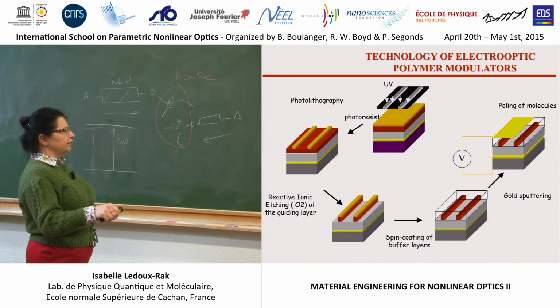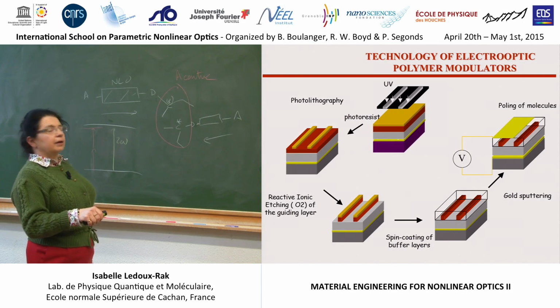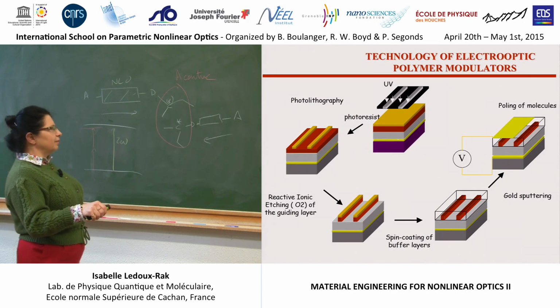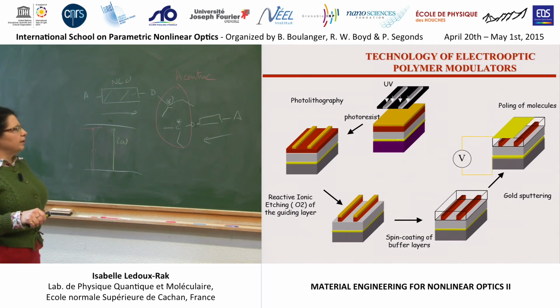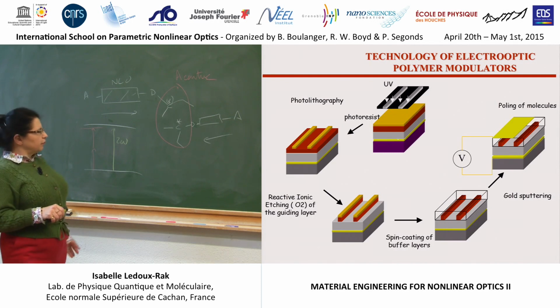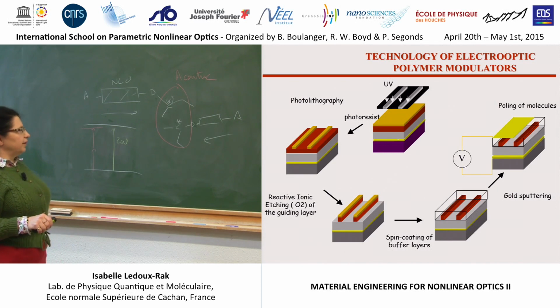That's a lower electrode. This is the lower buffer linear polymer layer. This is a nonlinear layer. And this is the photoresist, which can be structured by UV light to make some patterns which will be the precursor of the waveguide. So this is the case here.